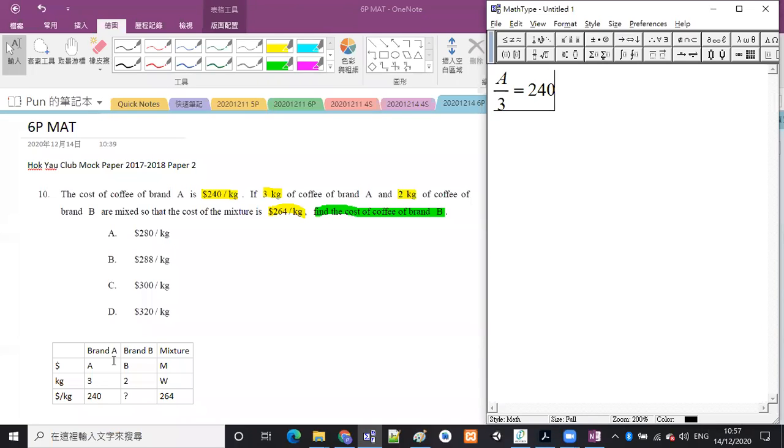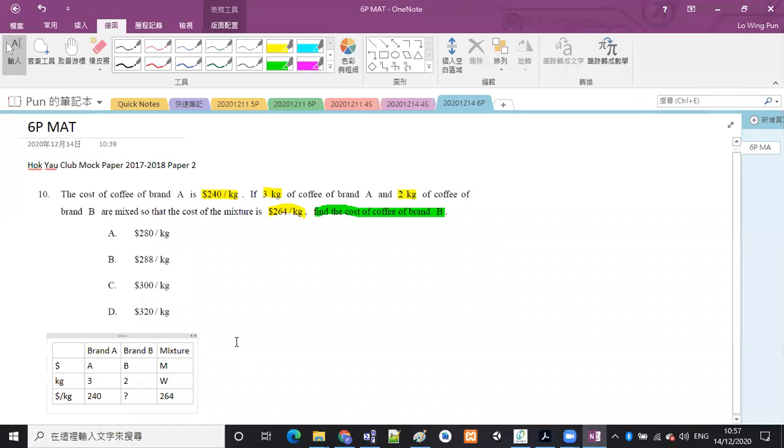Sorry, it's 3. OK， 你跟翻個單位咧去到列式咁就啱噶啦。So we can find that A should be equal to 240 times 3. So that is equal to 720. Okay, so A is $720.